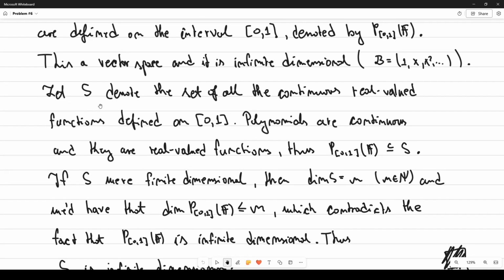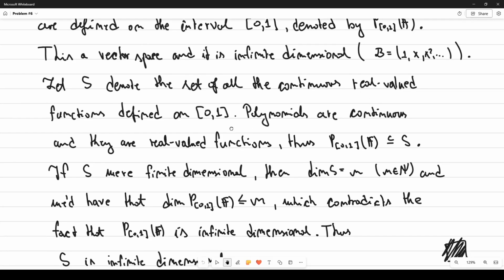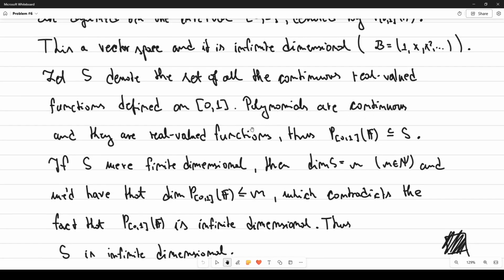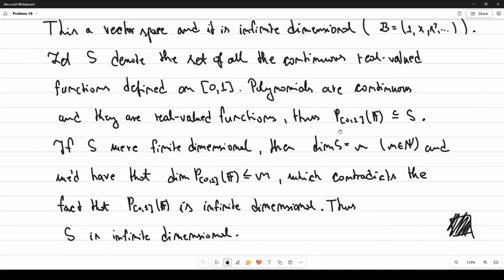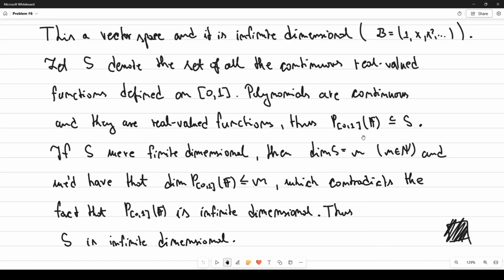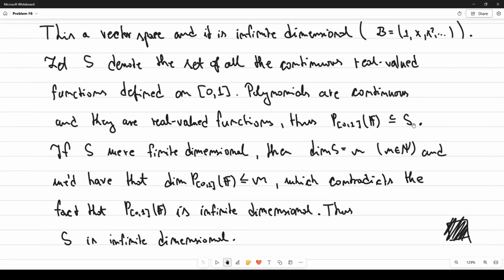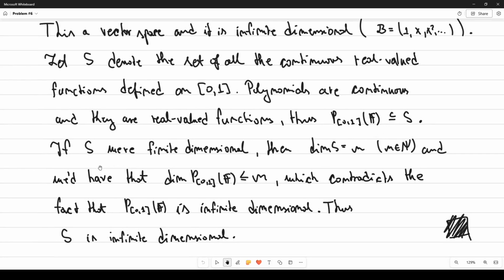And now let S denote the set of all the continuous real-valued functions defined on the closed interval 0 to 1. Now, polynomials are continuous and they are real-valued functions. Thus, our set of all of these polynomials that are defined from 0 to 1 is a subset of S. Now, if S were a finite dimensional vector space, then its dimension would be equal to some n, some positive integer.